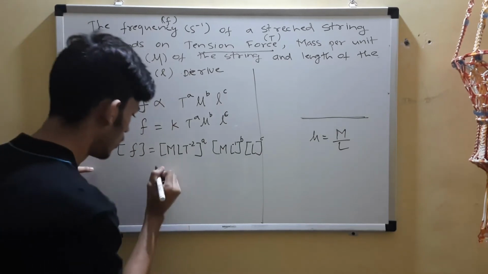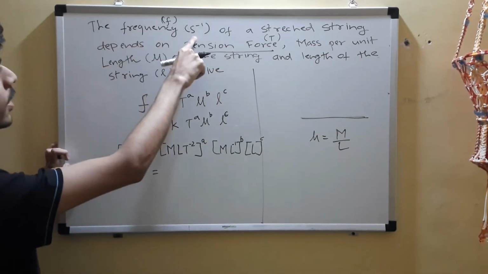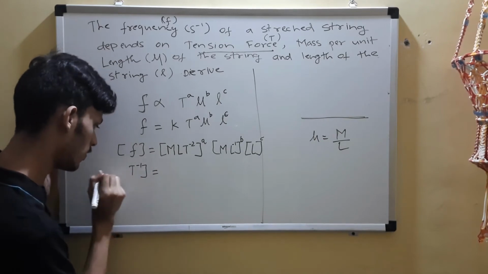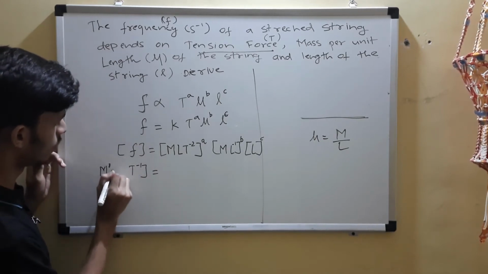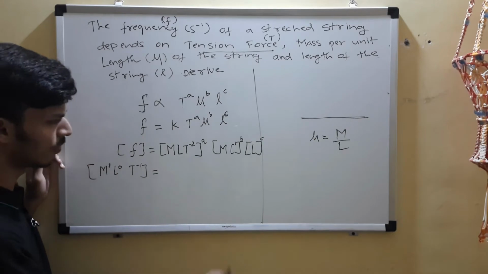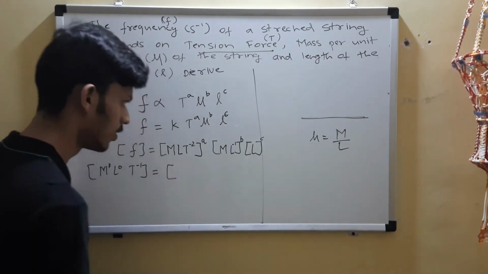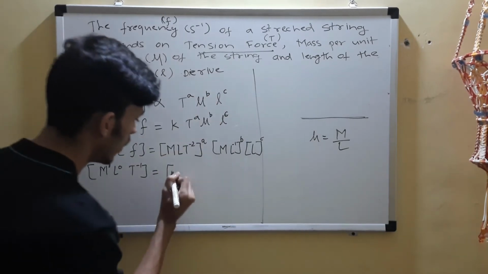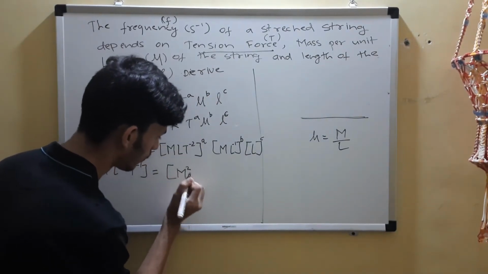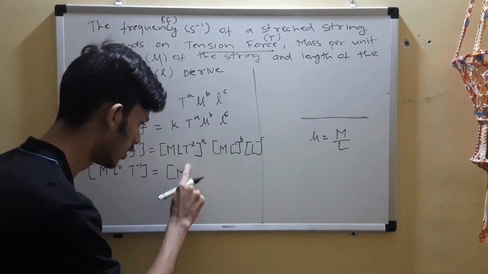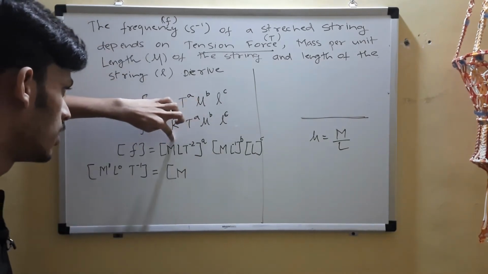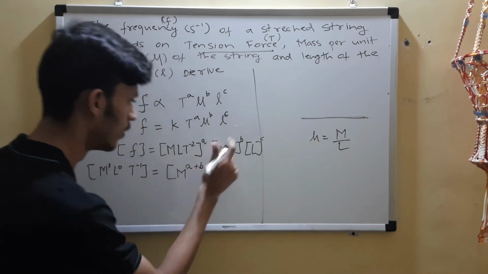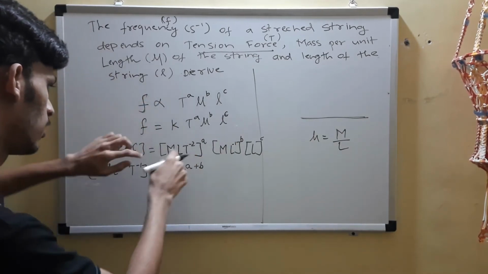Okay, now let's solve for this. Frequency, they have provided us the unit, so second raised to minus 1, so T raised to minus 1. You can also write M0, L0, just in case you want to compare. Okay, so you have two M's over here, this M is raised to A, and that is raised to B. You multiply this in, and then you see it.